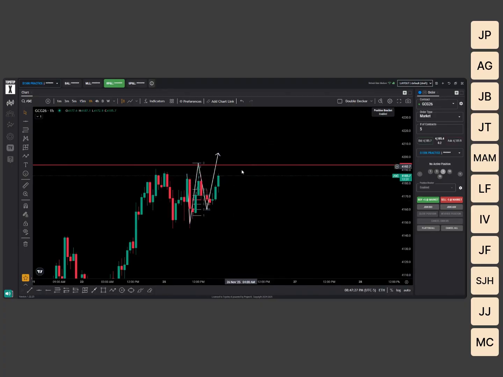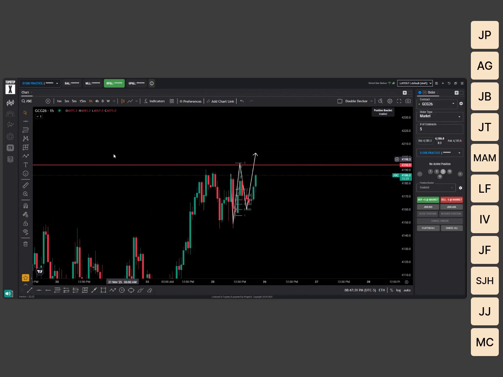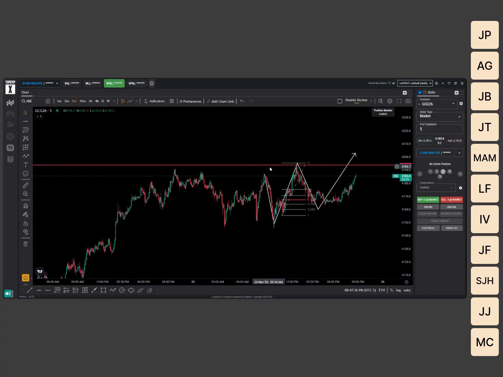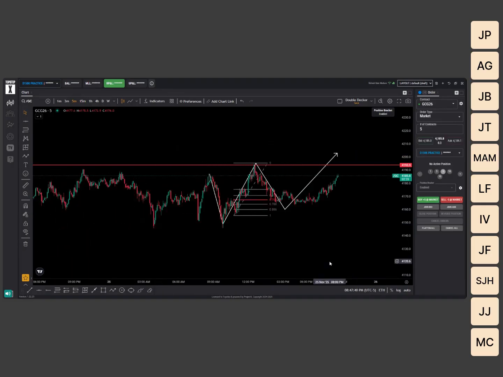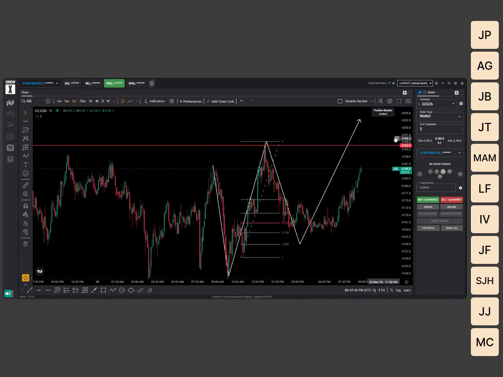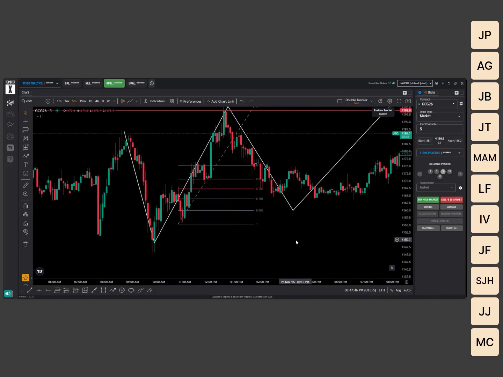Get another pullback going, or try to catch it. We just broke the high, so. But I expect us to take this out though, this red line. But yeah, I kind of lost my train of thought there. That's pretty much it.